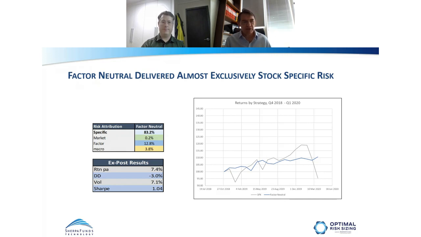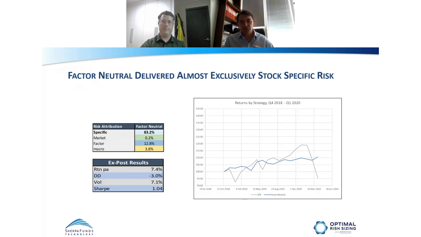If I'm paying you 2 and 20, I want to pay it for your specific risk. And what I really want, I want to see two things that are important. I want to see a high specific risk number in the ex-post risk attribution. I want to see low in the ex-ante, the grid we showed earlier. And when I look at my results, I want to see my drawdown being very low.